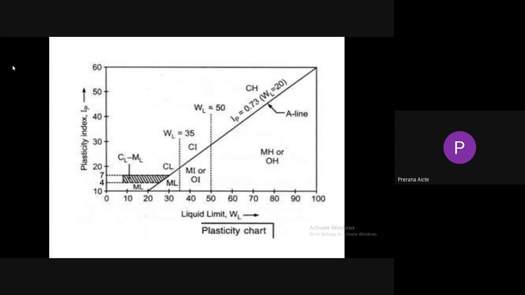Inorganic silt is indicated by M. Organic soil is indicated by O. So O for organic soil, M for silt. M comes from the Latin word for silt.